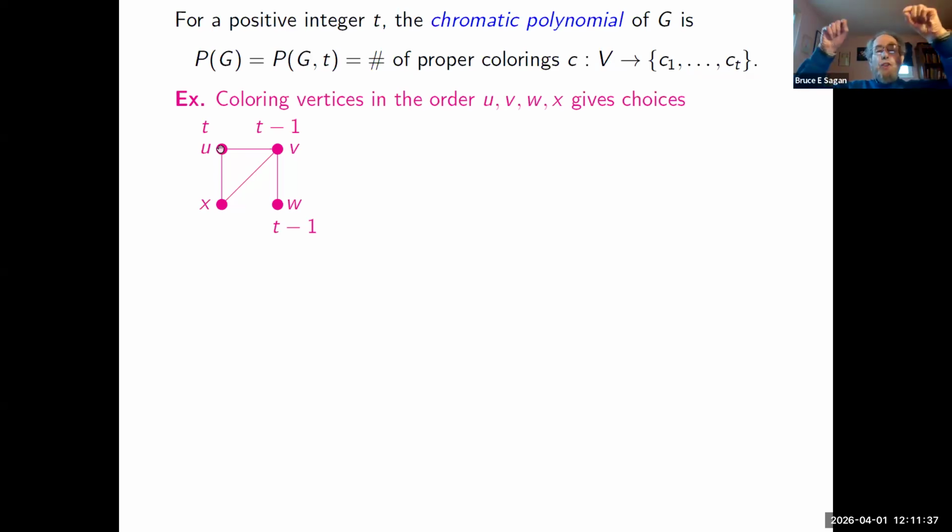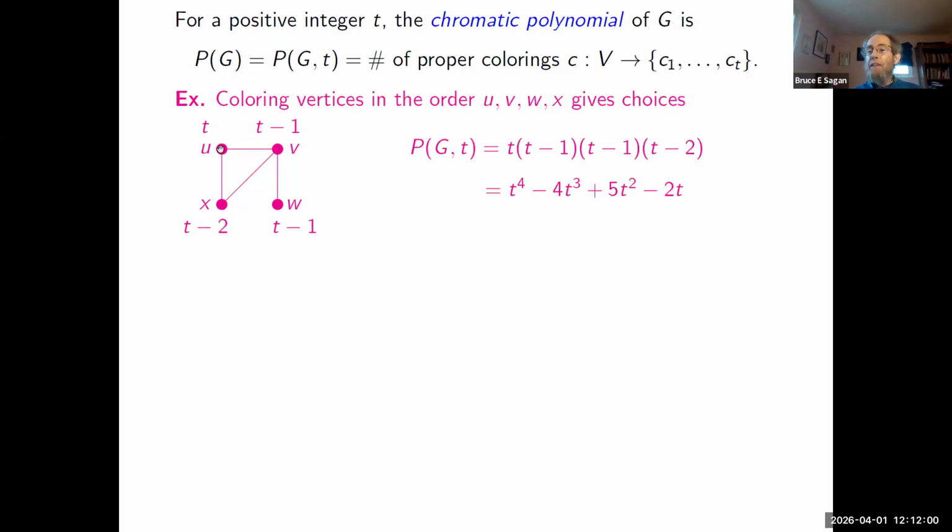Well, now X is adjacent to two vertices, and we know they're of different colors, right? Because U and V are connected. So there are two colors that are ruled out at X. And so the total number of colorings is just going to be the product, right? You have to do all of one and the other and the other. So it's the product rule.